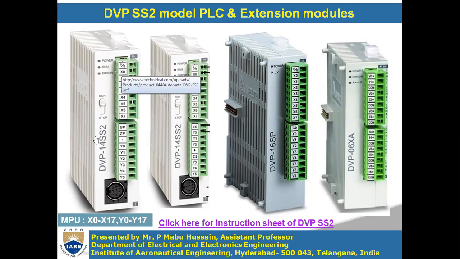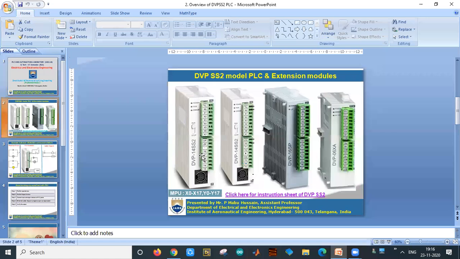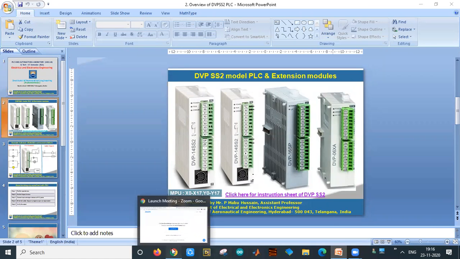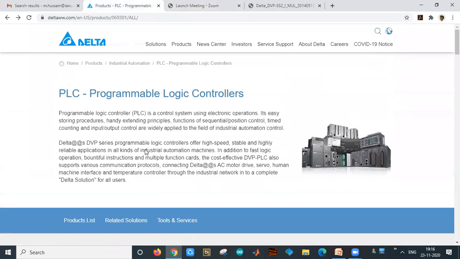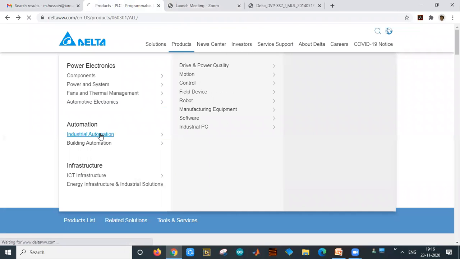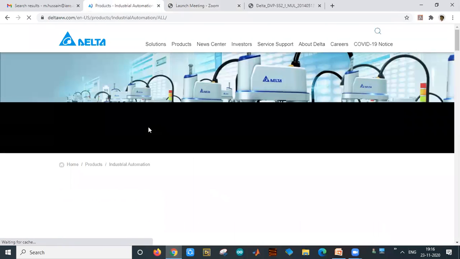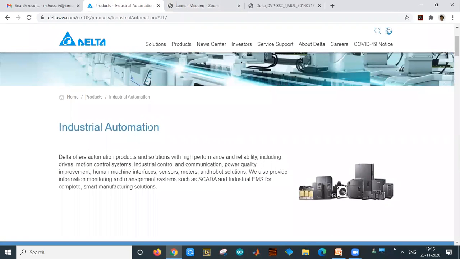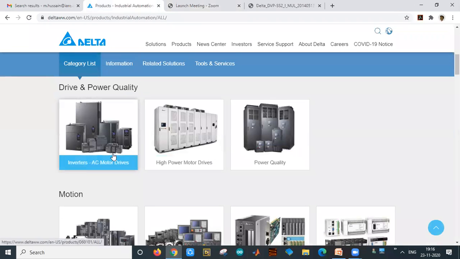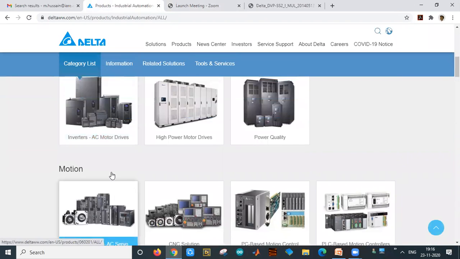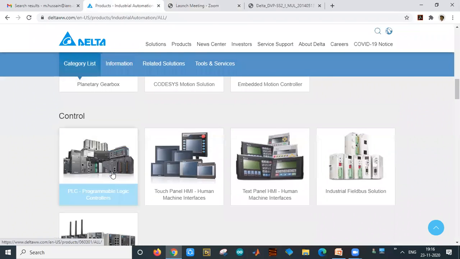So this PLC is a Delta make PLC, and in Delta make also you have different series PLCs. So once I will show you in the Delta website. See here. If you go under products, under industrial automation, under programmable logic controllers.